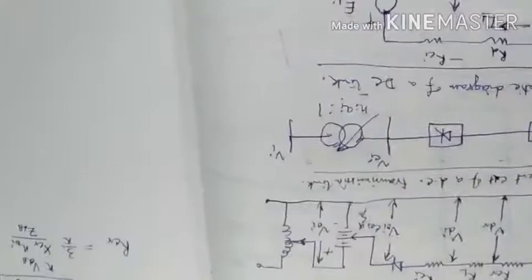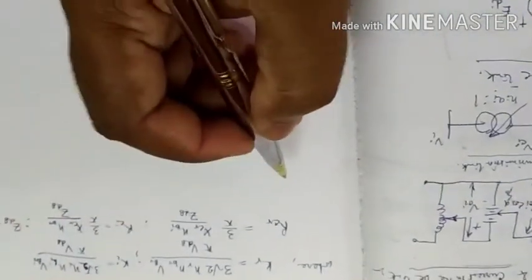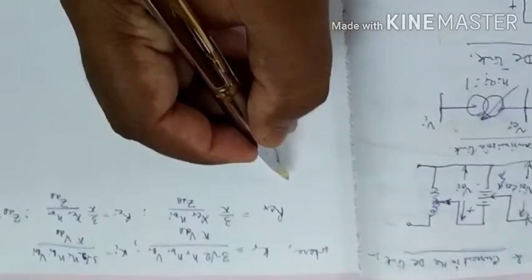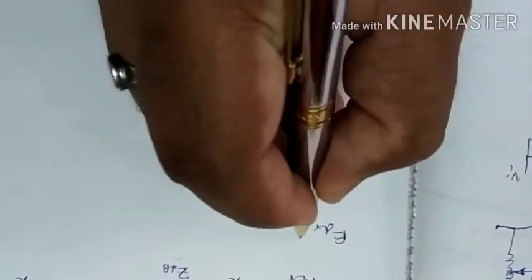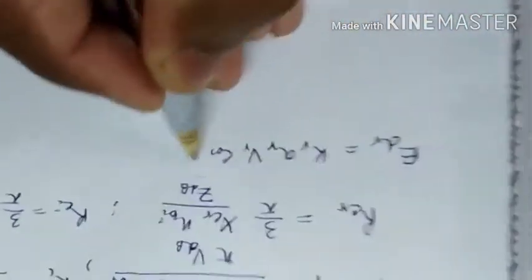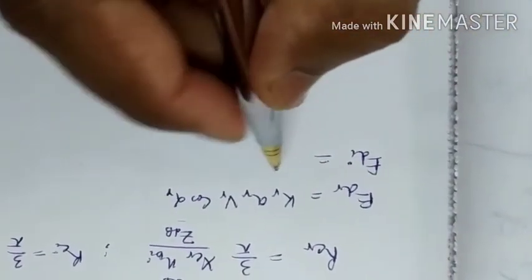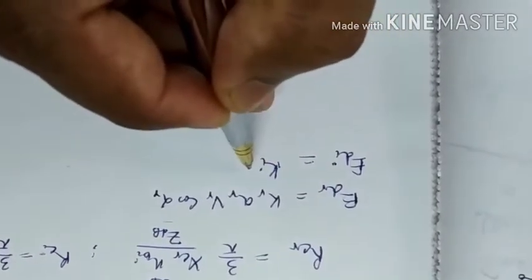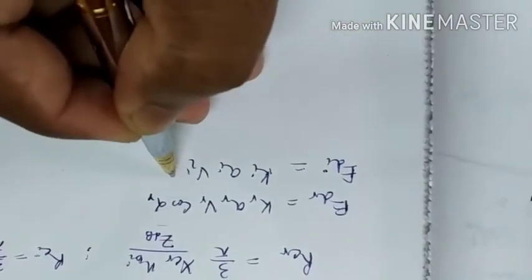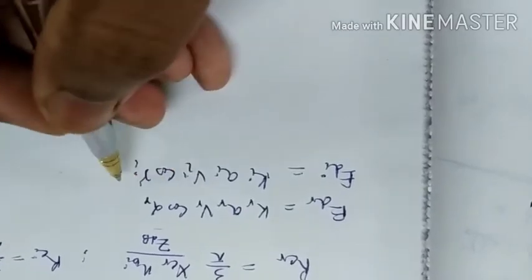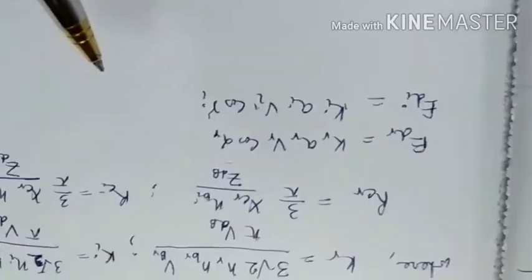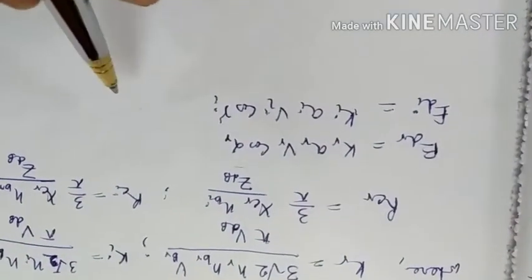From both equations we can write EDR equal to KR AR VR cos alpha R, and EDI equal to KI AI VI cos gamma I. So these are equations 4 and 5.